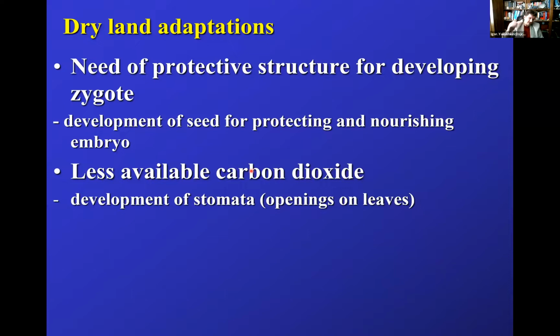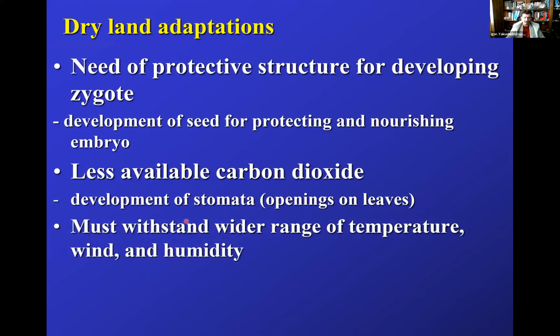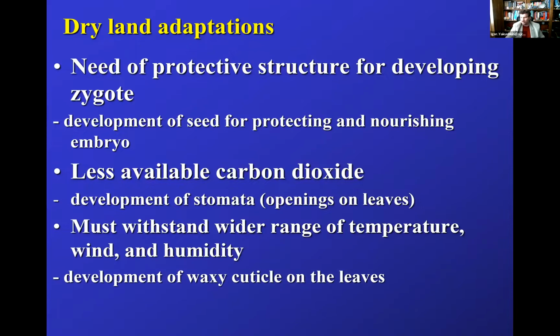So carbon dioxide has to go in and oxygen has to go out through specific openings in the leaves known as the stomata, and we'll discuss that later on next week. And plants have to withstand a wide range of temperature because now they can be found all the way from the Arctic to the equator, with very different temperatures, very different humidities, and so on.